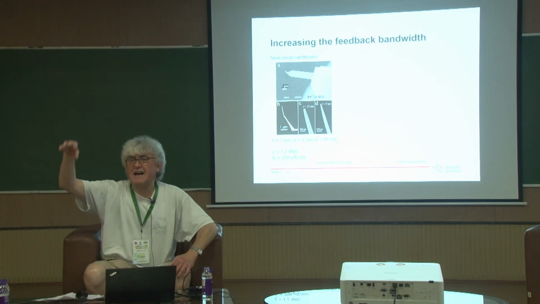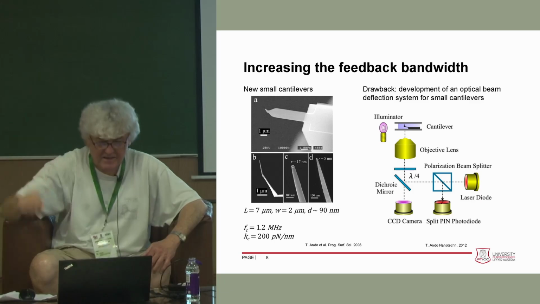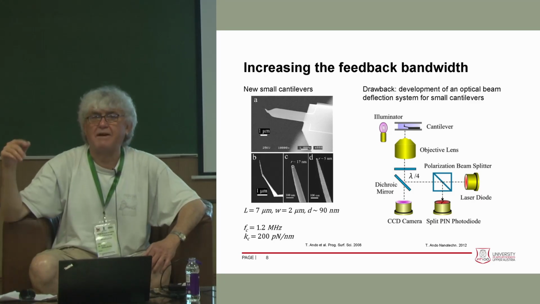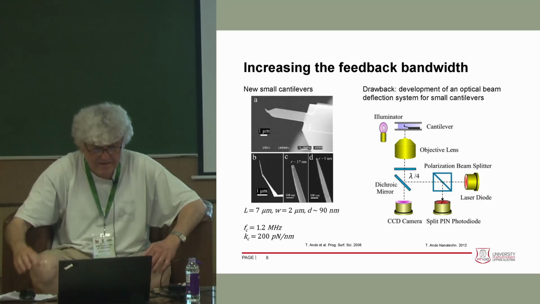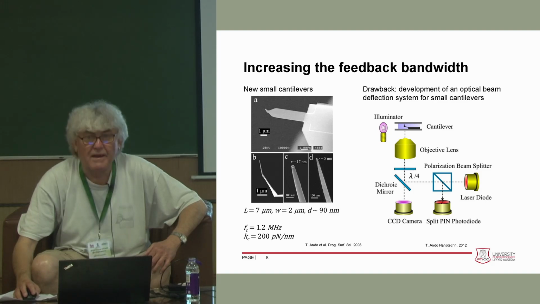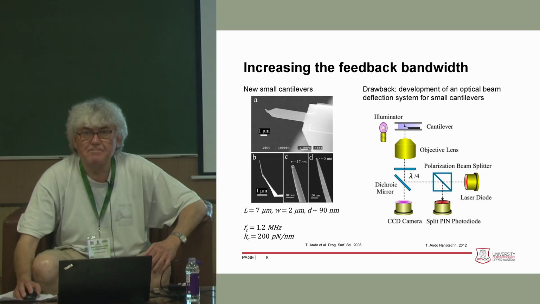In particular, these 100 nanometers are the challenge, because the cantilevers are very thin. Conventional cantilevers have a thickness of 500 nanometers. This leads to a resonance frequency of 1.2 megahertz and a spring constant of 200 piconewton per nanometer.